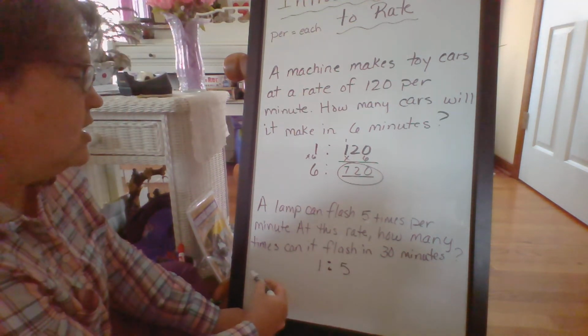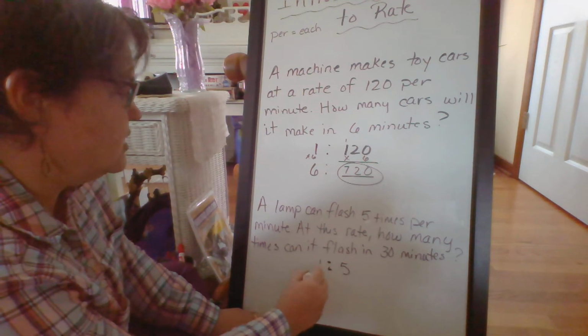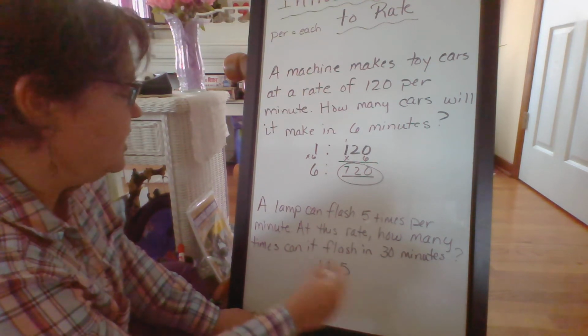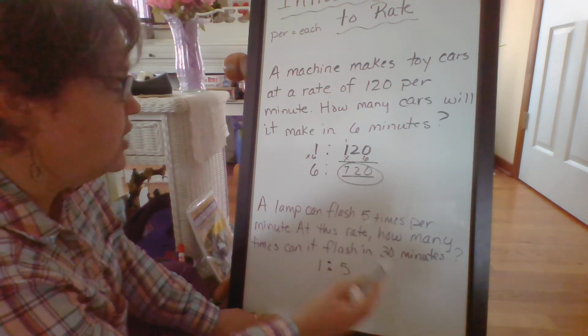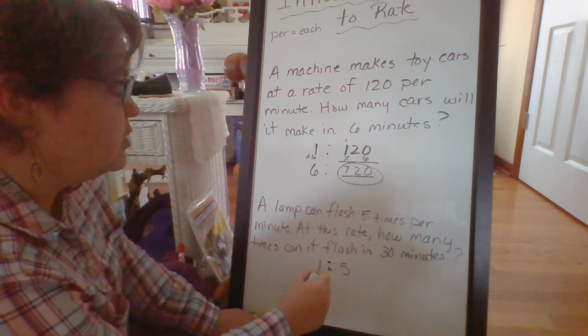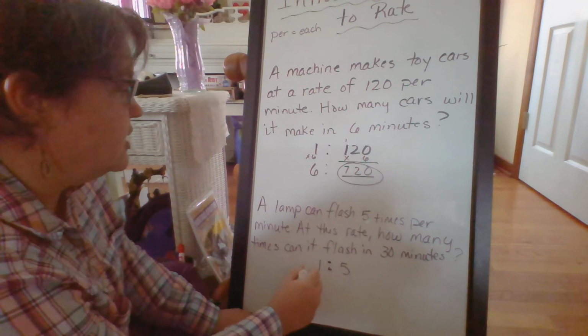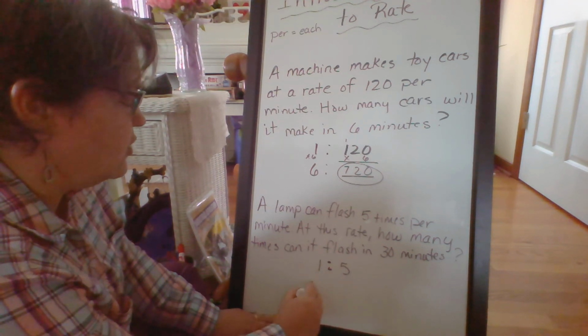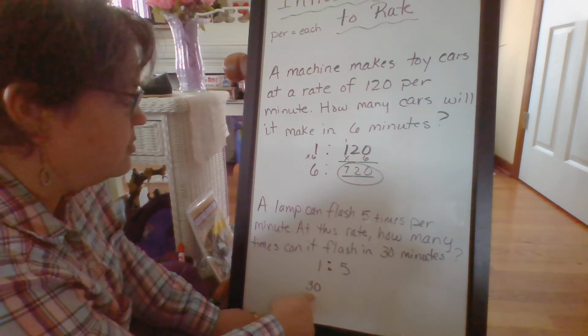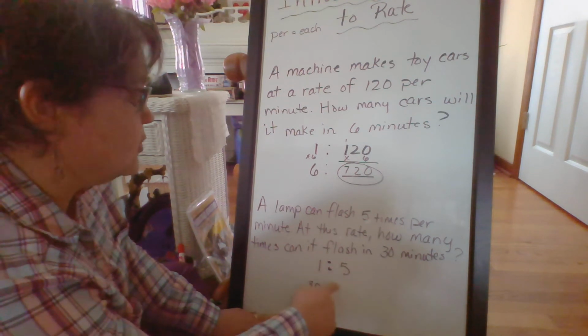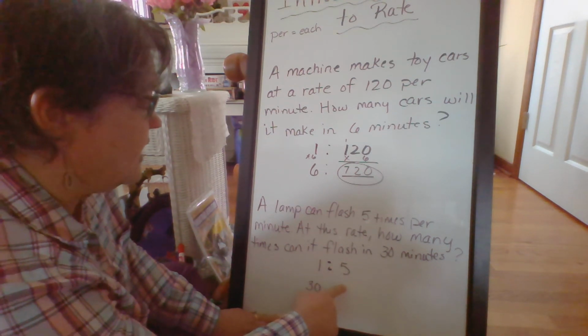Okay, so this is minute, this is times. How many times can it flash in 30 minutes? So I need to put my 30 under minutes. If it was asking me about times, I'd have to put it here.